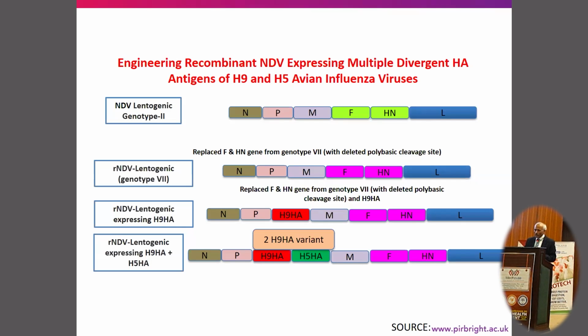You must have seen this yesterday as well. But this explains how easy it has become once you know the characteristics of the virus sequence data. You can select and develop a vector-based vaccine using this genetically engineered technology, and then you can have a vaccine which will be more homologous and more specific.